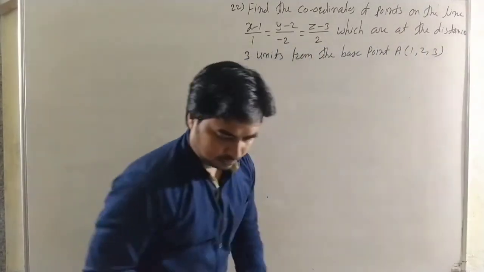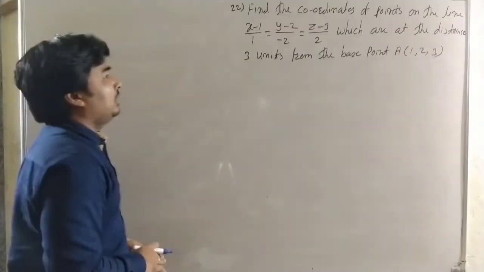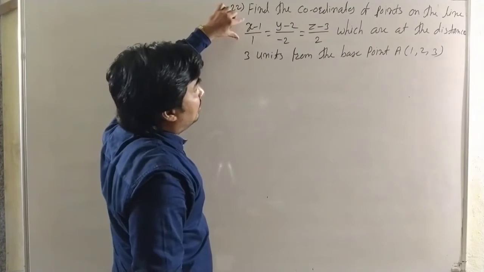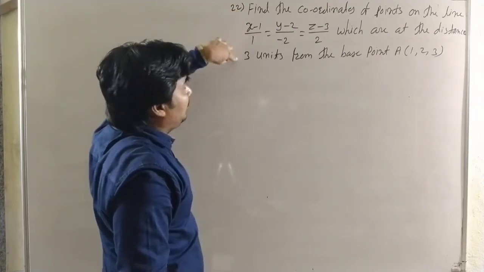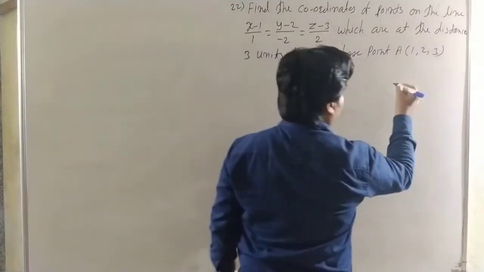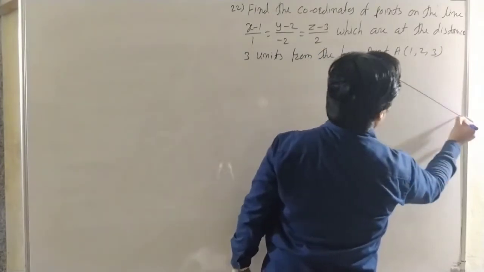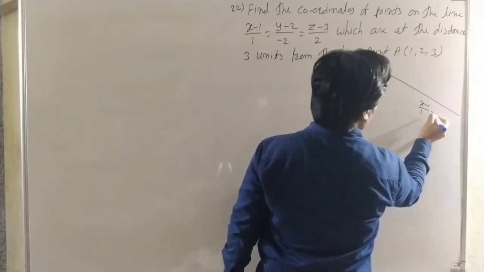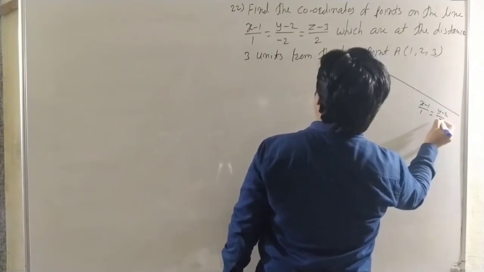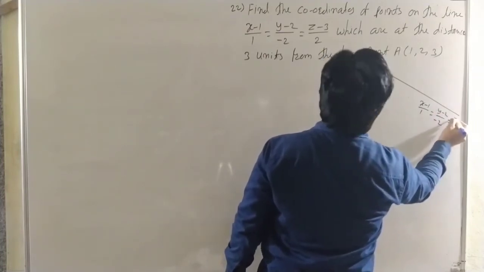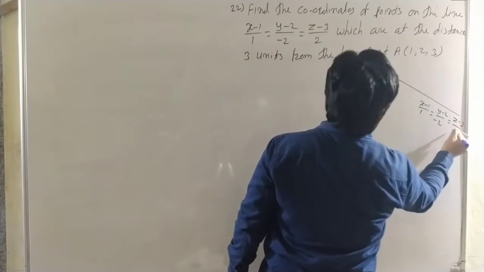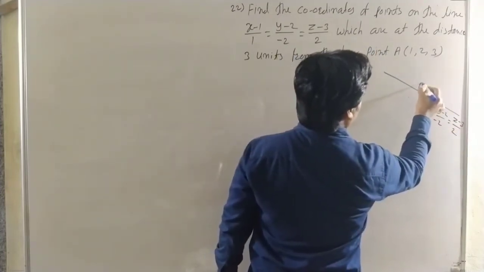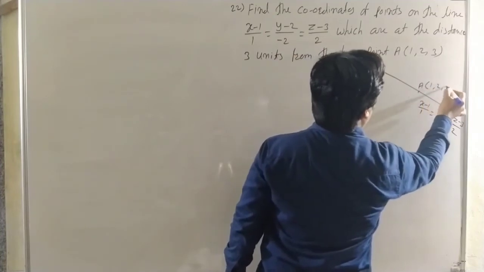Now we have to find the coordinates of the points on the line which are 3 units from this point. Here the given line is (x minus 1)/1, (y minus 2)/(minus 2), and (z minus 3)/2, and this is the point 1, 2, 3.